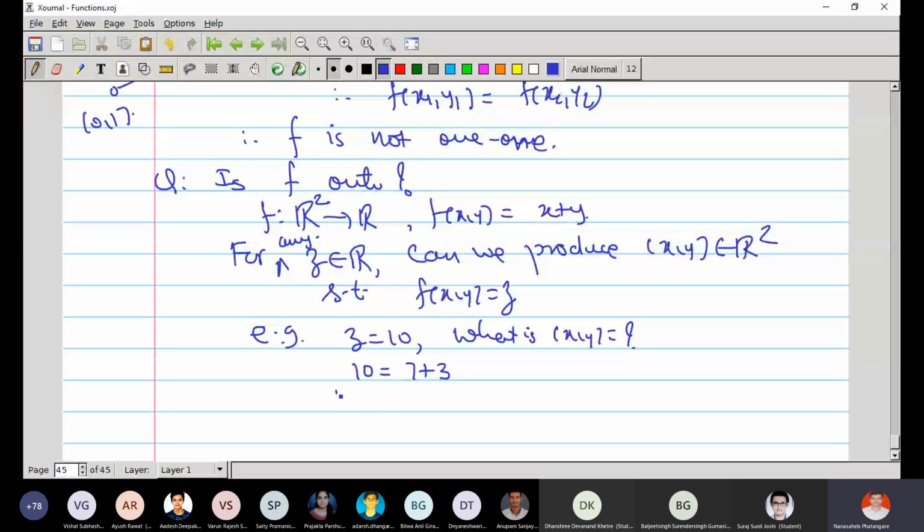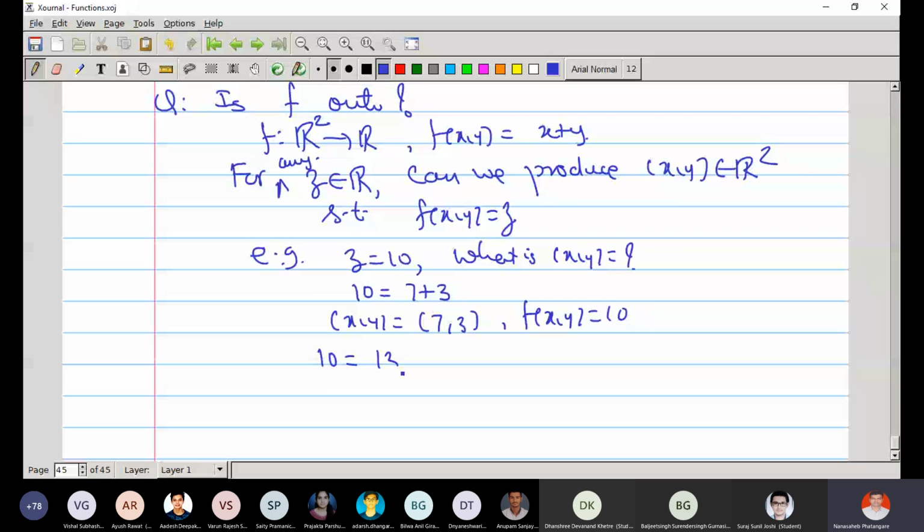If I take xy equal to (7, 3), then f of xy is 10, or (3, 7), right? There are many possibilities, many pre-images. I can also say that 10 is 13 minus 3, so I can take the element (13, -3).